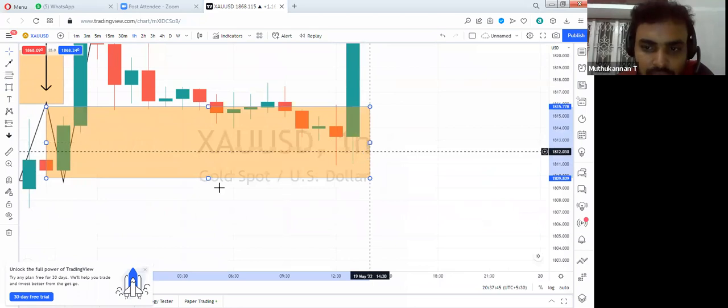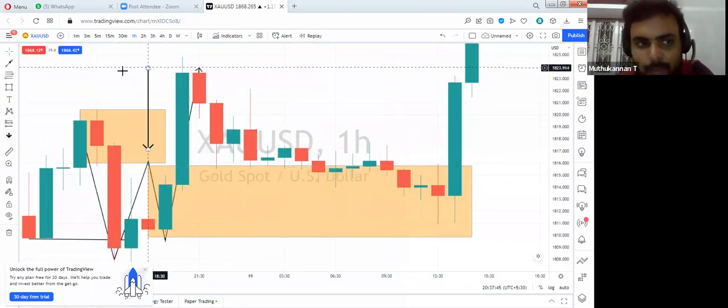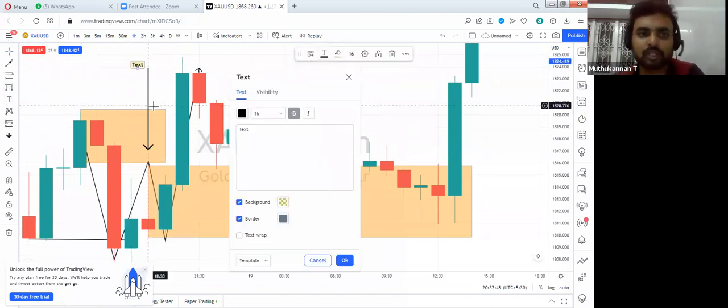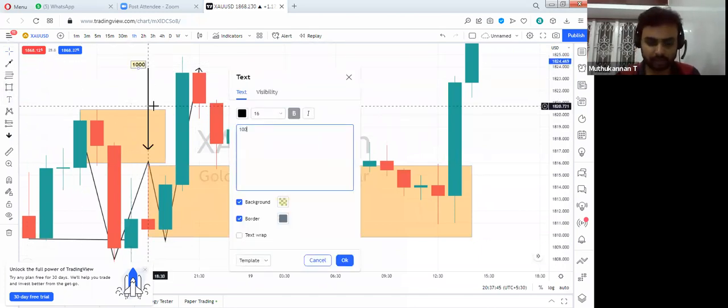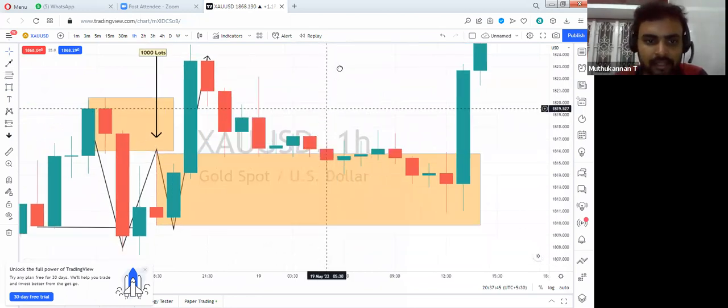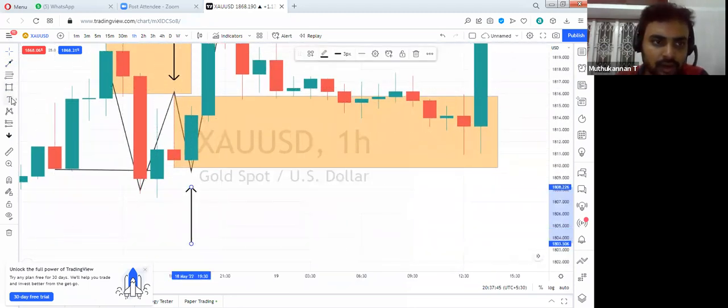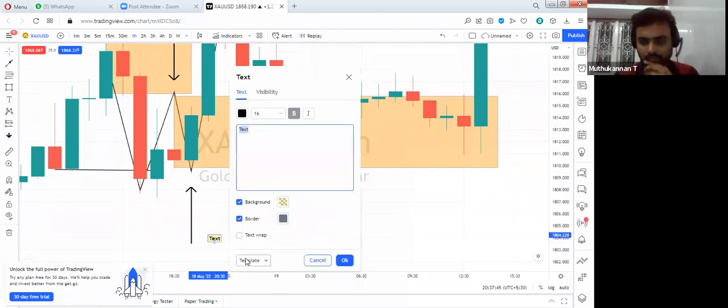Why? Because they purposefully sold some quantities here, maybe 100, maybe 1000 lots. For example's sake, I'm saying 1000 lots they sold here, right? And they bought here, for example, 2500 lots.